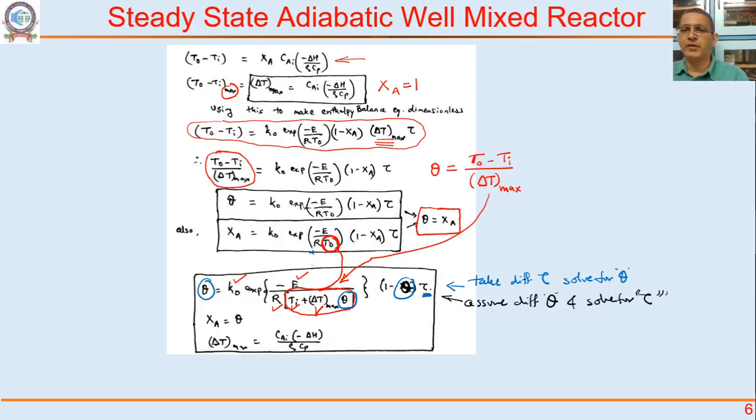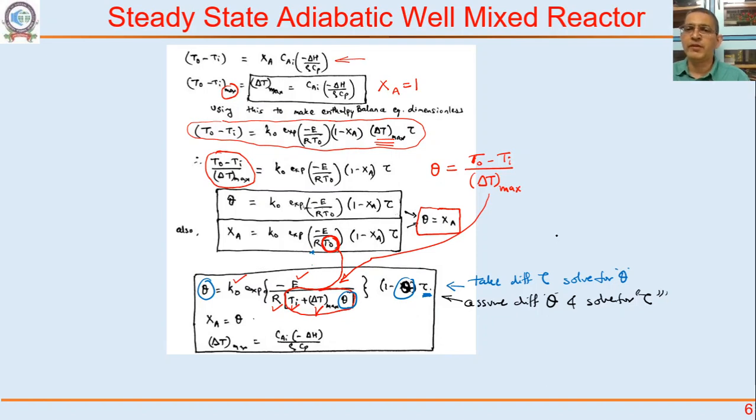I can take some value of tau and solve a nonlinear equation for theta, or I can take different values of theta and solve a linear equation for tau. It is linear in tau, but it is nonlinear in theta. Think about this. So now we can solve. So what we will do is take different values of theta, solve for tau using this expression, and of course XA is straight away just the same as theta.